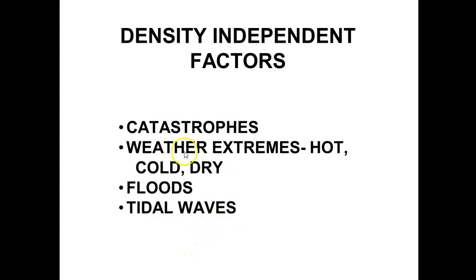Density independent factors tend to be abiotic: floods, tidal waves, weather extremes, and stuff like that. And there's a misunderstanding about how these things work. So if I have a big heavy city like New York City and we have an earthquake right there, obviously lots and lots of people are going to die due to that earthquake.